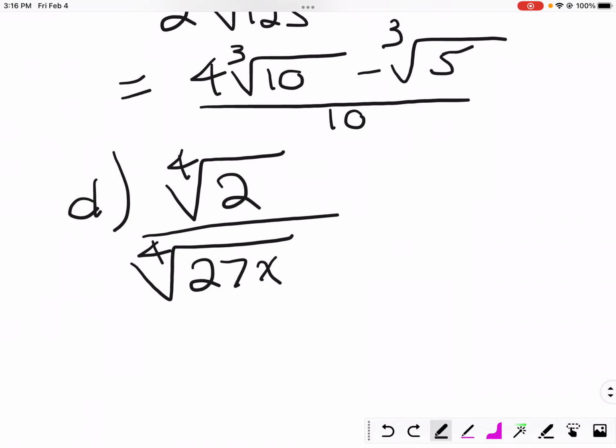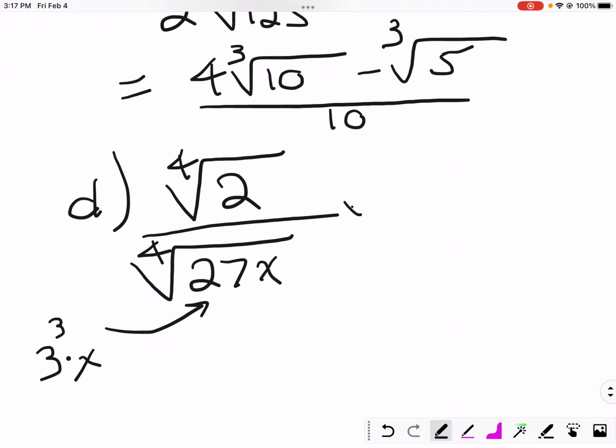This one, I'm going to put an arrow to this, and I'm going to write that that is 3 cubed times x. In order to make this a non-radical, I need to turn this into something that's a nice power of 4.